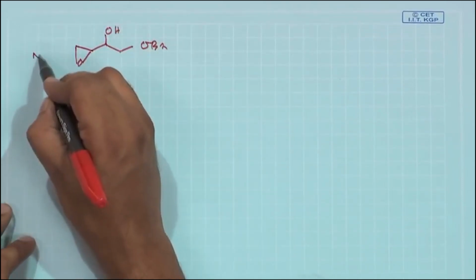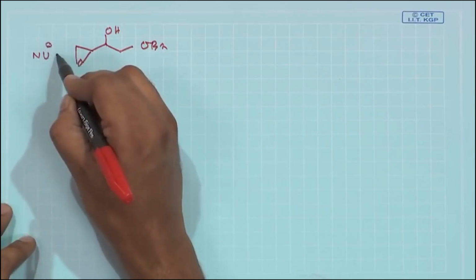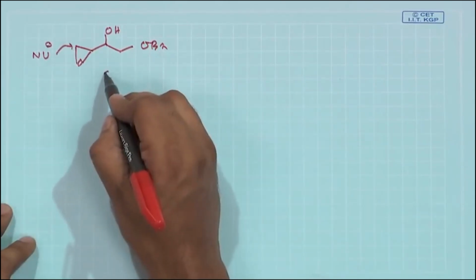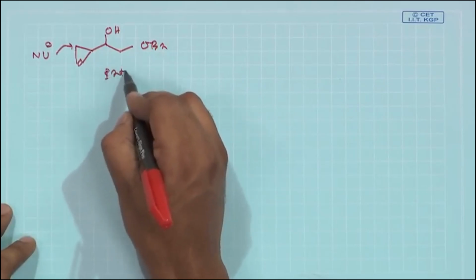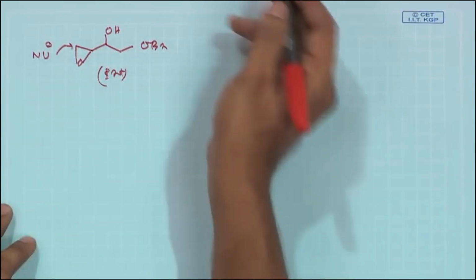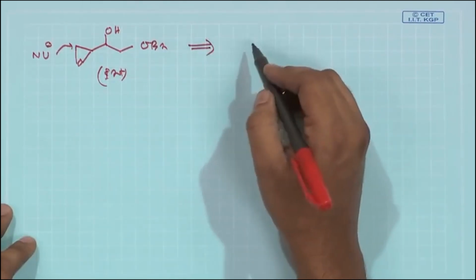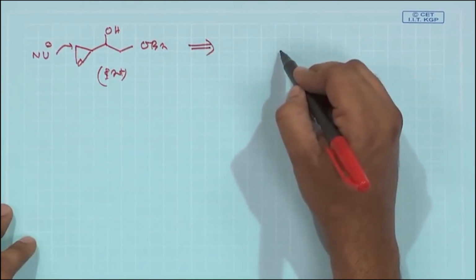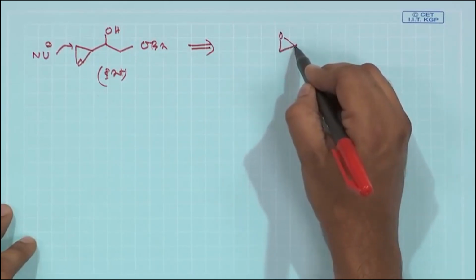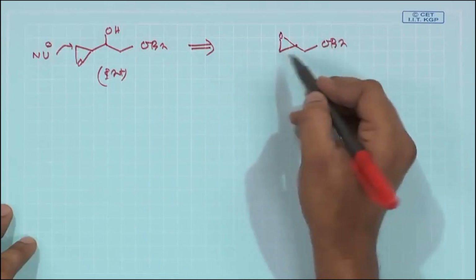We said if you have a nucleophile which can give you that one carbon extra as well as a leaving group, you can get this intermediate, and this intermediate will undergo nucleophilic ring opening and then intramolecular displacement. Now, do the analysis of how this could be linked with the starting material.